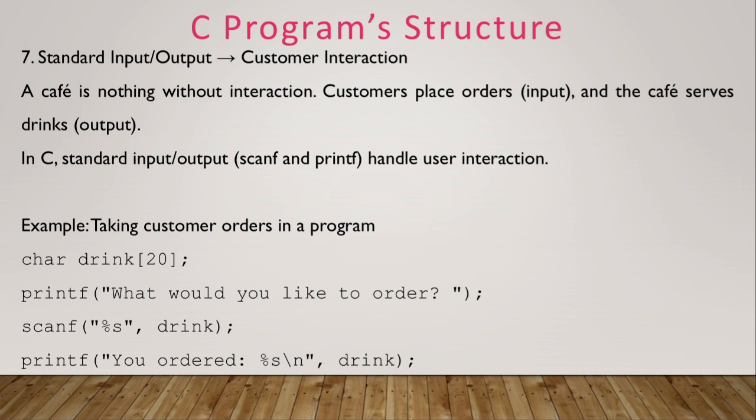Input will be done by scanf and output by printf. scanf takes the value the user has given, but only up to a limit of 20 characters, not beyond, because we have defined the size of the drink as 20.